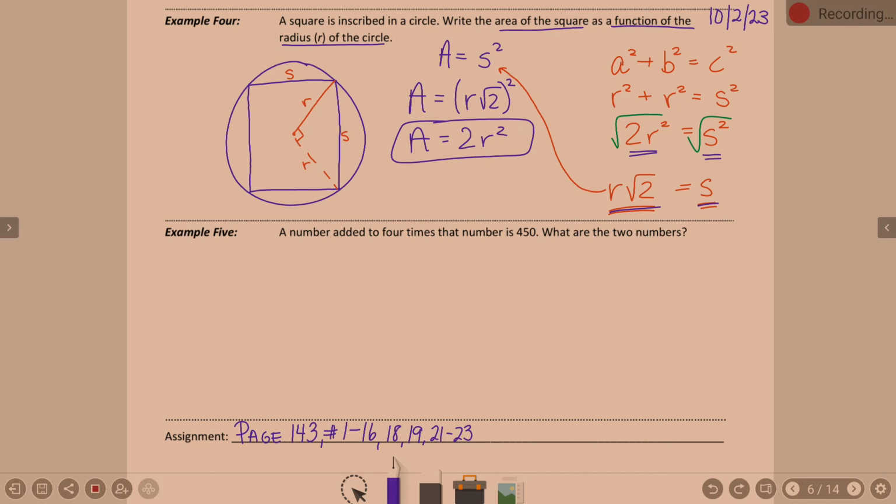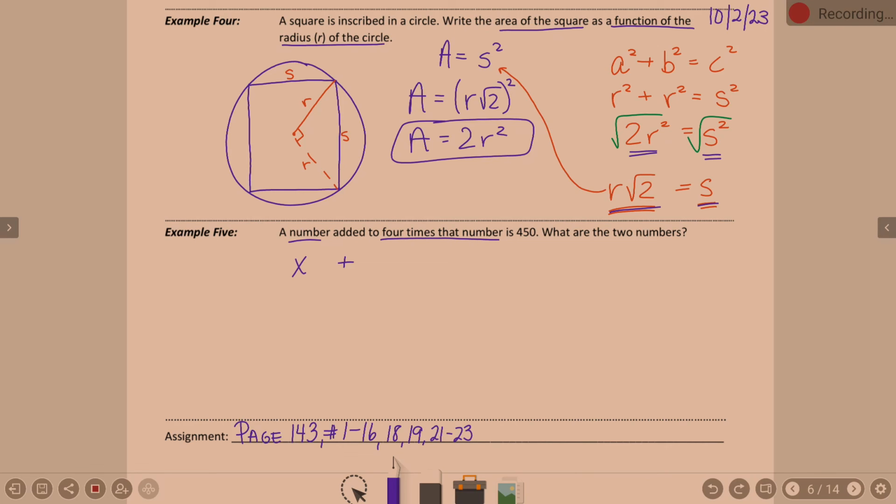We've been trying to write equations today, right? Or in this lesson. So think about an equation I could write here. For a number added to 4 times that number is 450. What do you think, Autumn? X plus 4x equals. Do you see it? A number. What do you want to call a number? Autumn says X. Added to, plus, 4 times that number?